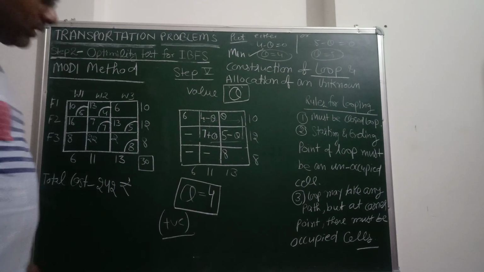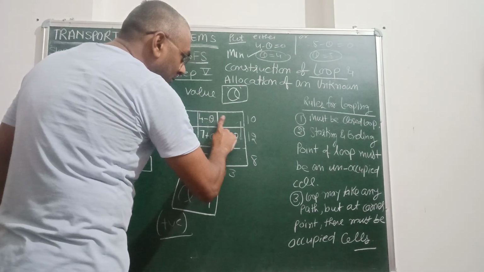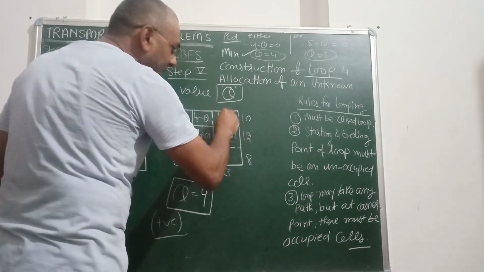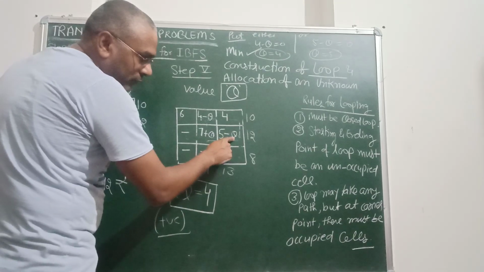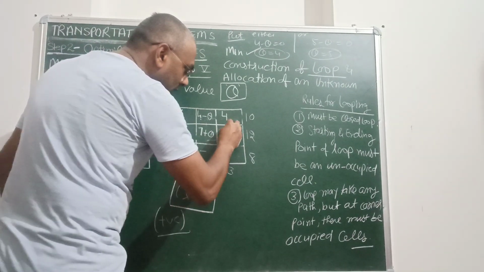If you use the value of 4 here, then this will be a new cell to which allocation has been made. If you put theta equal to 4, this cell becomes 1.